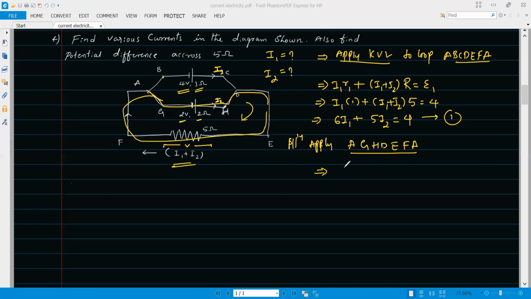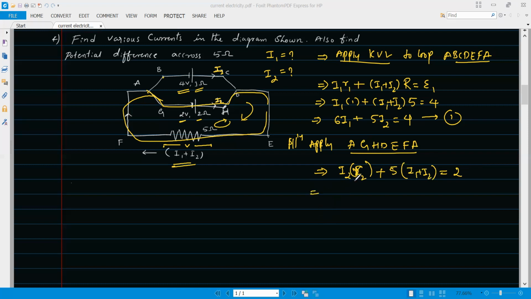Here the current is I2, so let me write this as I2 into internal resistance, R2 for now, plus the 5 here, same again, 5 into the bracket I1 plus I2, and then we are moving in this direction. So again, the pattern is like this. So this is equal to the EMF. EMF is nothing but 2 volt.